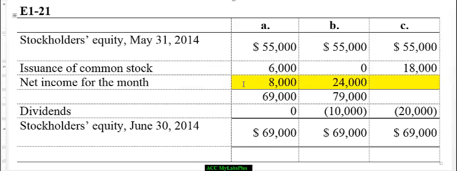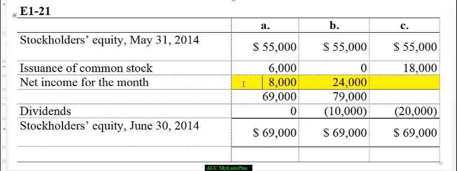So we start with $55,000. We issued $18,000 of stock. We paid out dividends of $20,000. So we need to determine how did we get from $55,000 to $69,000 with those amounts, taking into consideration that equity is also going to be changed by net income.